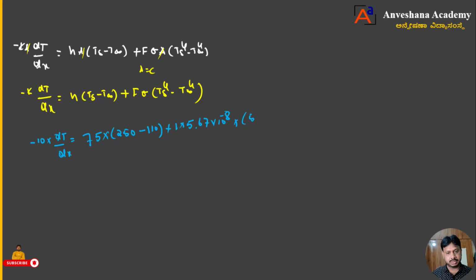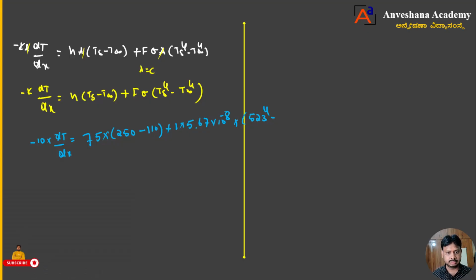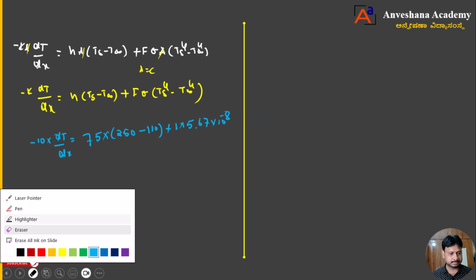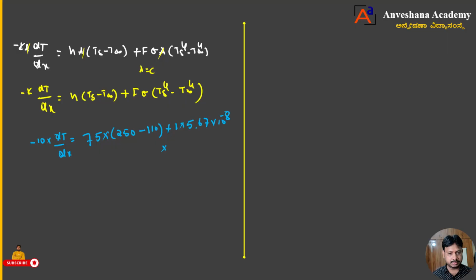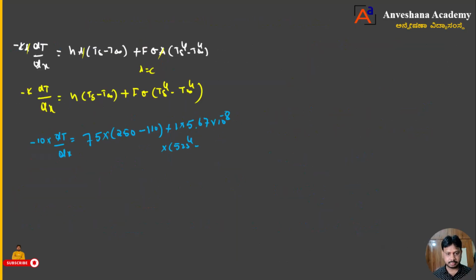So 523 to the power of 4 minus 383 Kelvin to the power of 4. Okay, fine. Now I will do the simplification.